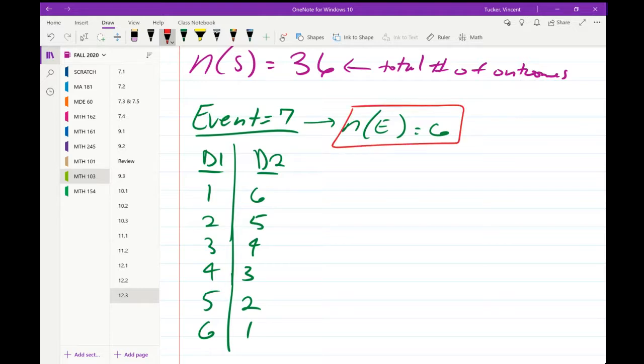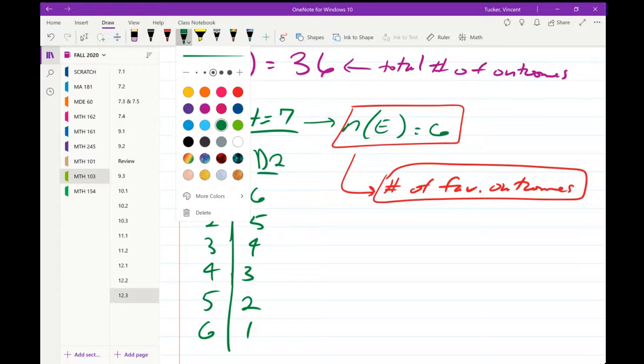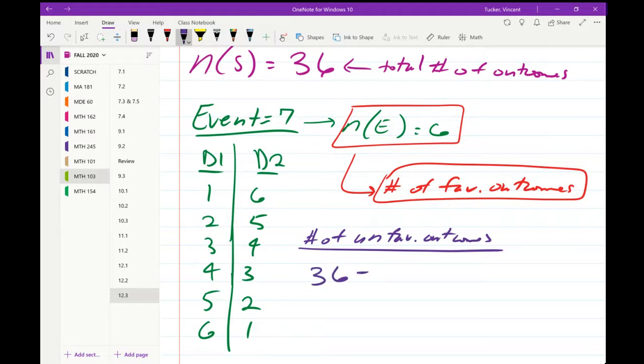So this 6 represents the number of favorable outcomes. If I want to find the number of unfavorable outcomes, I would take my sample space and minus that 6, which would be 30.